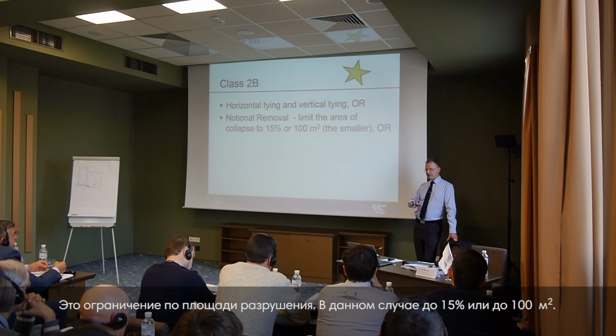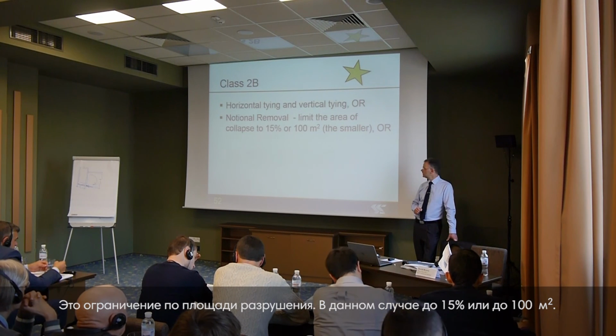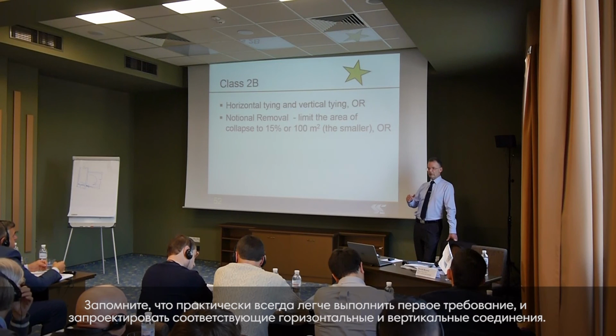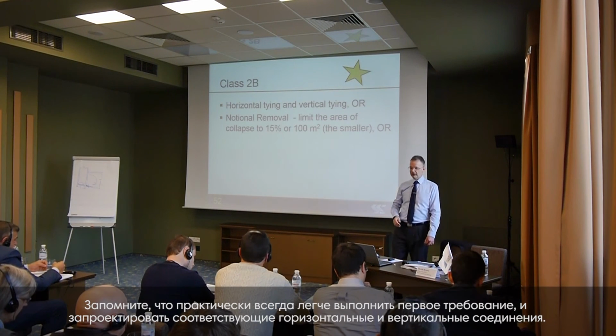And that is to limit the area of collapse, in this case to 15% of the floor area or 100 square meters. But remember, it's almost always easier to satisfy the first requirement, which is to provide horizontal and vertical tying.